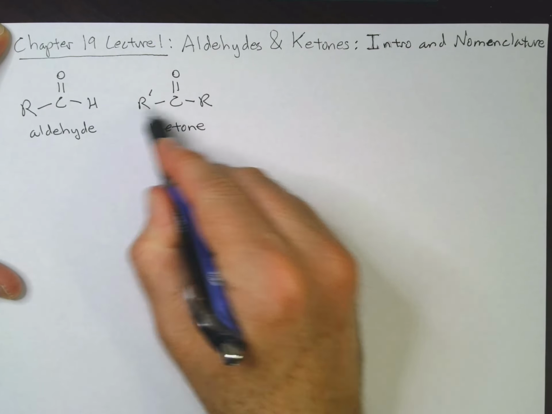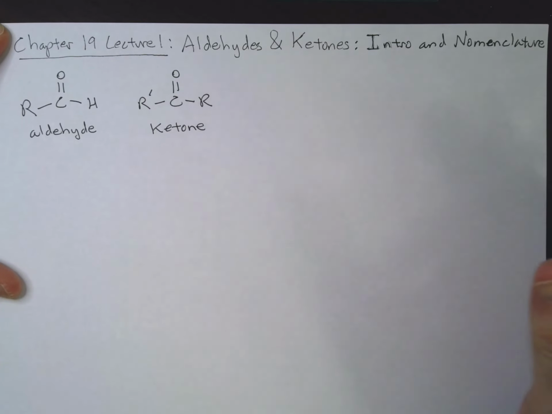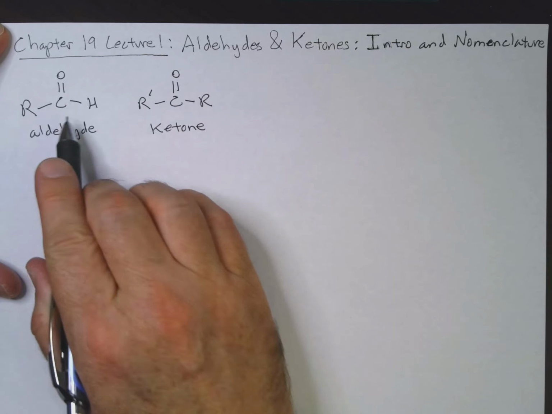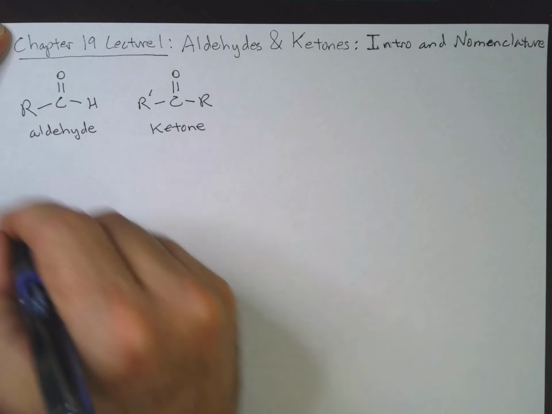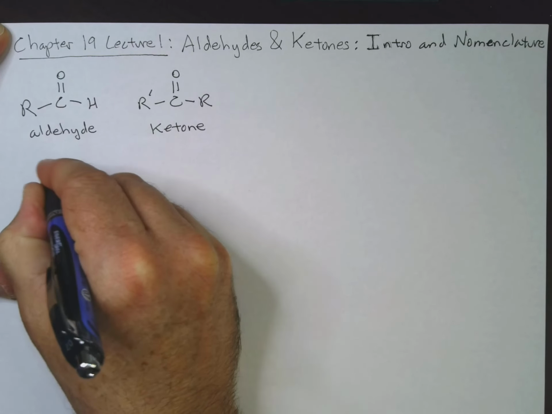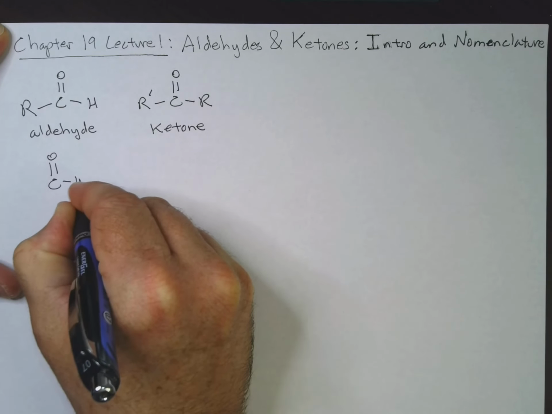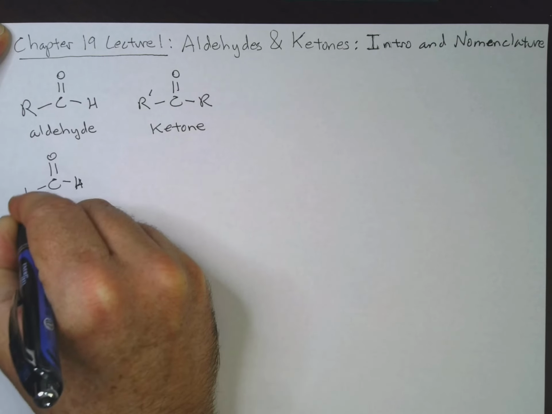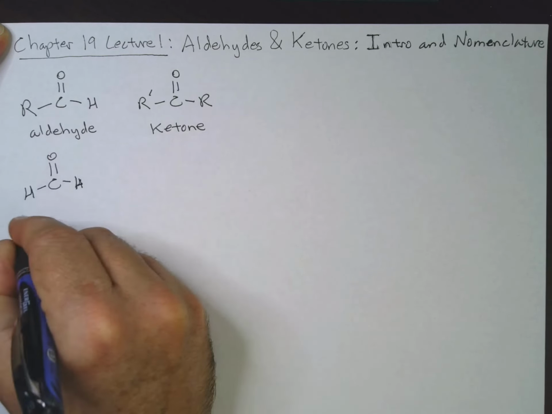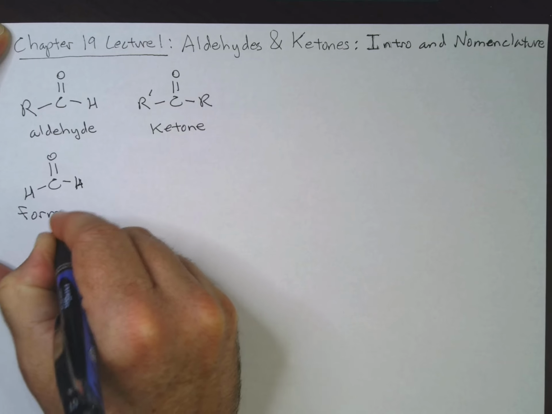The ketone has two carbon chains. So that is the difference. We'll see that this makes aldehydes a little more reactive. Should mention that there are some special aldehydes here. If we've got hydrogens on both sides, this is formaldehyde.